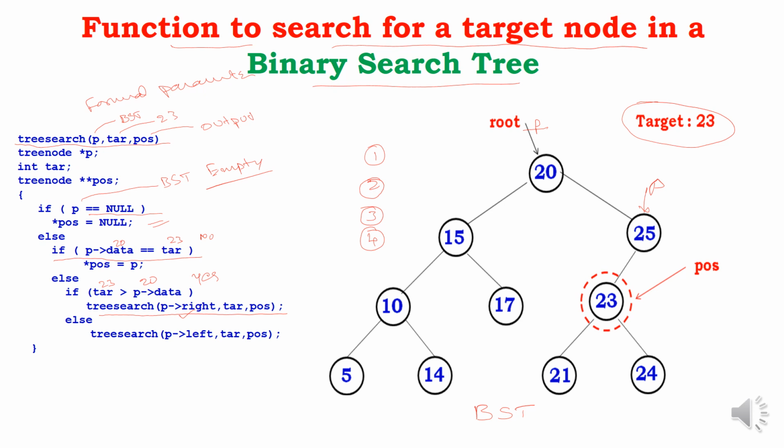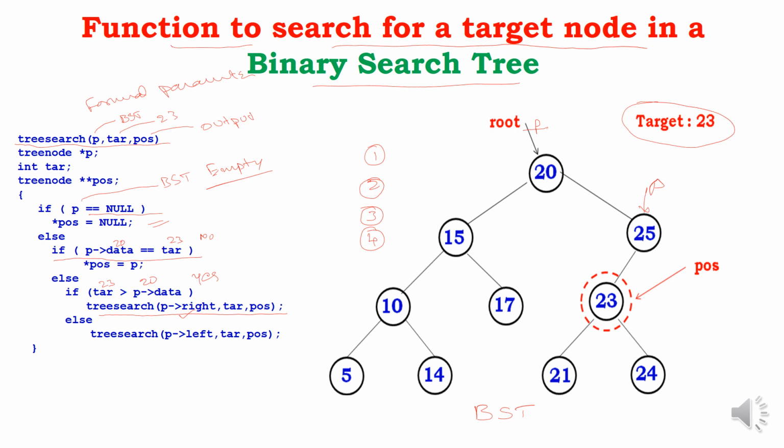Then we are going to search for 23. We are going to check whether it exists or not. If it exists, we get the position. Otherwise, position becomes null. Now the complete procedure will be executed again, one by one from the first instruction.